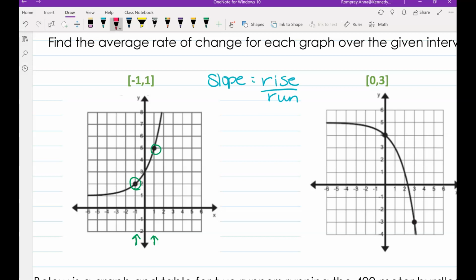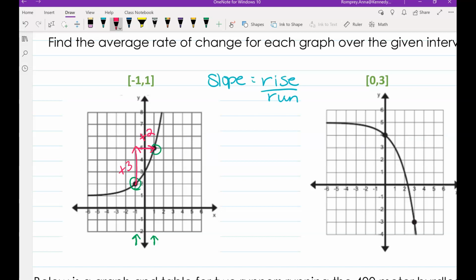So I'm using rise over run, left to right. We're going to rise, go up 1, 2, 3 units. From here, we run to the right, which is a positive movement, 1, 2 units, so +2.